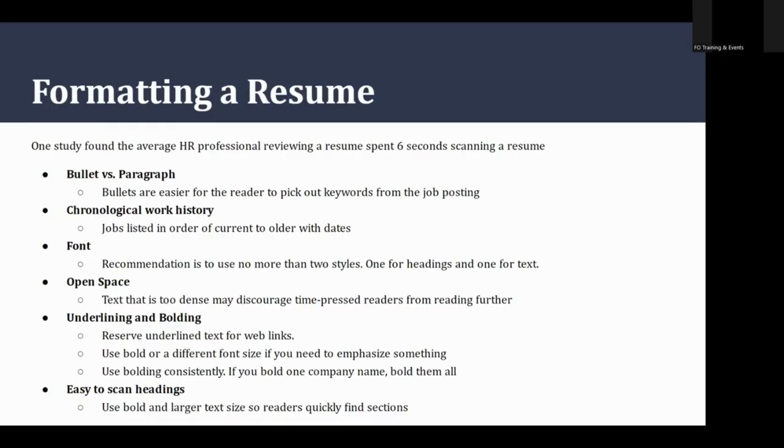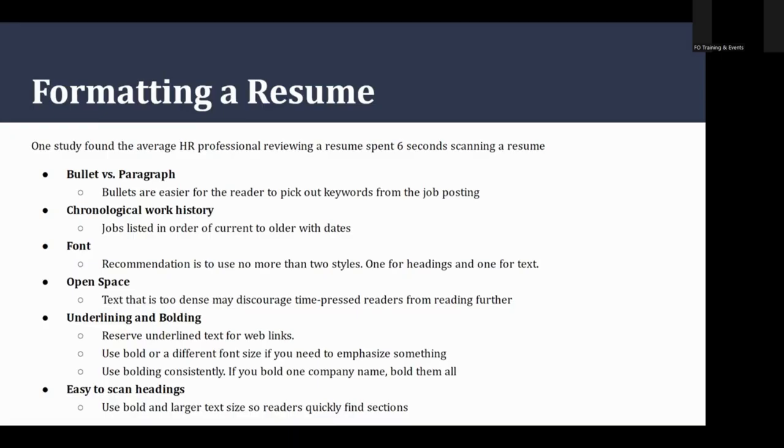Well, you want to consider whether it's bulleted versus paragraph. Bullets are typically easier to read to pick out key items from the job posting. You also want to consider the chronological work history order, also the chronological order of the overall resume. If you are listing dates from current to older, which is recommended on a resume, you want to make sure you're doing that consistently with your education, with the trainings that you've taken, everything in there.